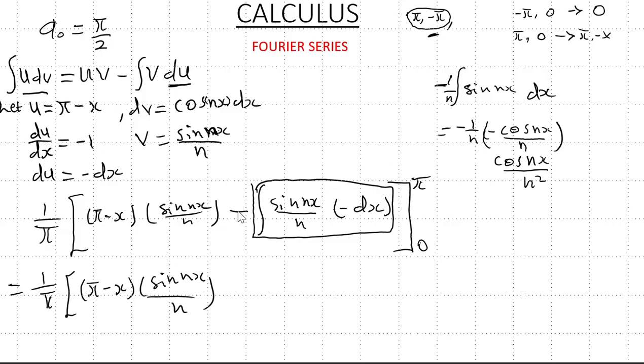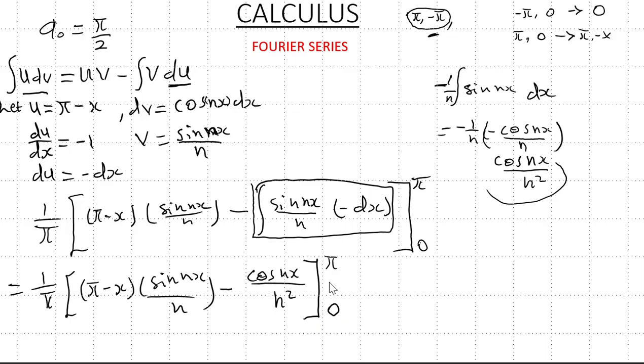Actually, this particular minus, so it comes, so minus. So in place of this, we're going to put this. Okay, so it's going to be cos nx divided by n squared. Okay, so that's what we're going to do. Then bring our pi and 0.